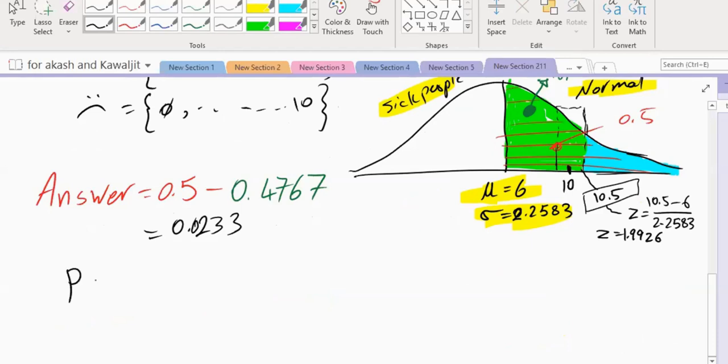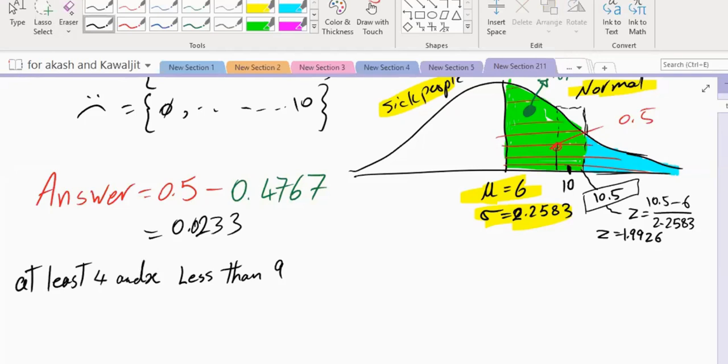I ask you, what is the chance that the number of patients is at least 4 and less than 9?